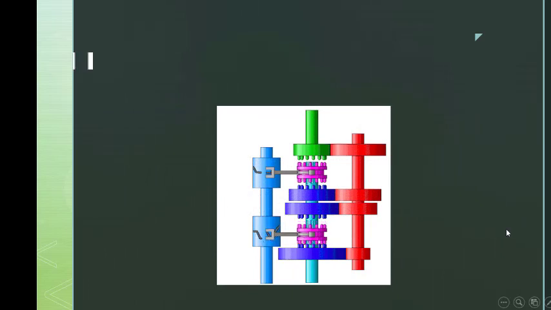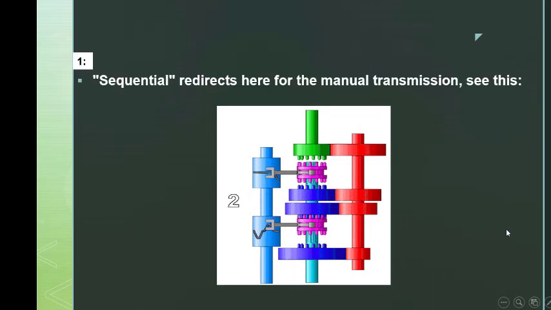What do we mean by the word sequence? Sequential redirects here for the manual transmission. See this? We can see the manual transmission here.